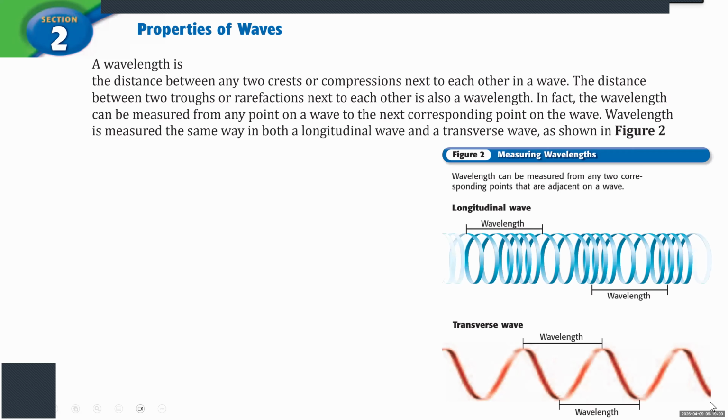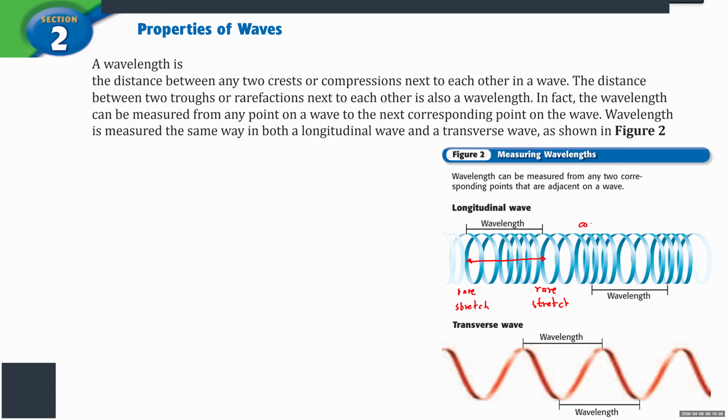This is the diagram of the textbook. This is rarefaction, and this is also rarefaction, or we can say stretch to stretch. So the distance between two stretches, or two compressions.